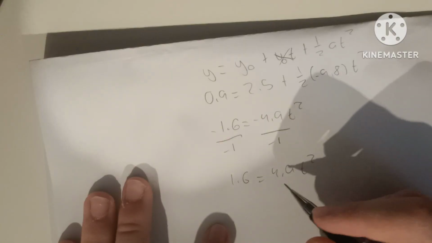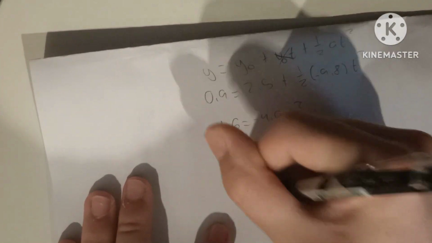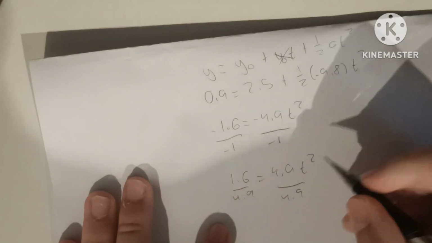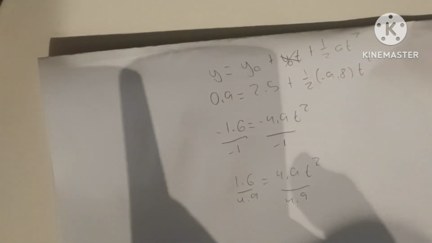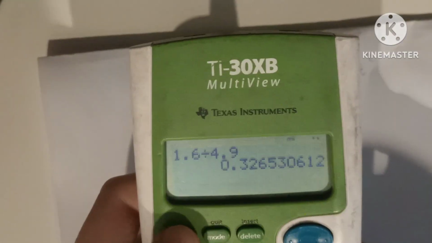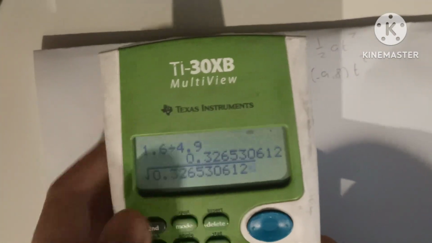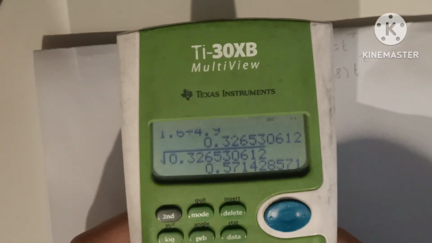From here, we can divide 1.6 by 4.9 on both sides to isolate t squared. So let me put this into my calculator, and we get 1.6 divided by 4.9, which is this number here. And that's t squared. So to isolate t, we'll take the square root of it, and then I'll just enter it there. And we get this value here.